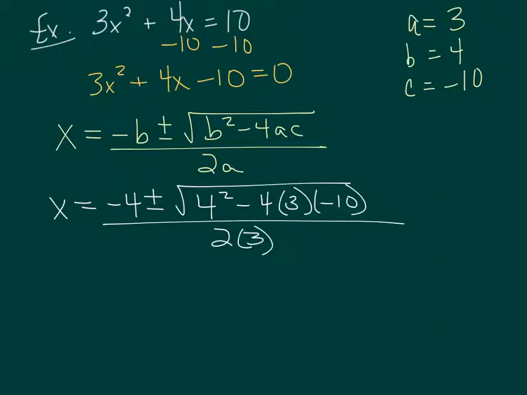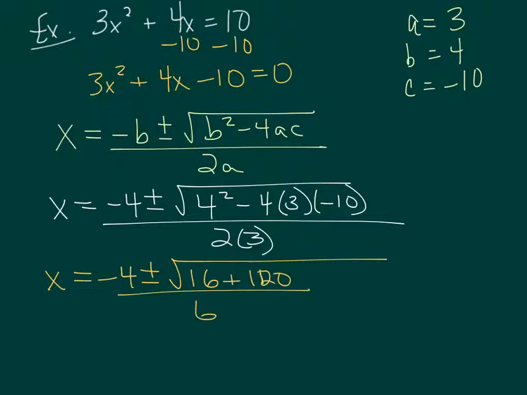I'm just going to keep plugging and chugging the math here. So x equals negative 4 plus or minus square root 16. Well, 4 times 3 times 10 is going to give me a plus 120, all over 6. I'm going to simplify that. x equals negative 4 plus or minus square root of 136, all over 6.